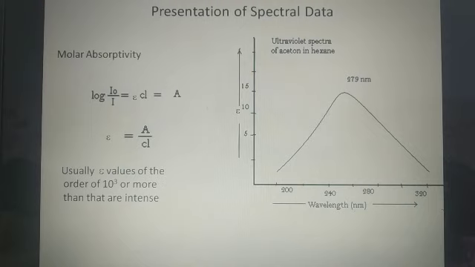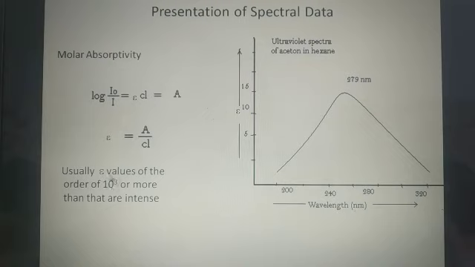We are plotting epsilon, the molar extinction coefficient. It is of much use because it is a direct indicator of the intensity of the lines.